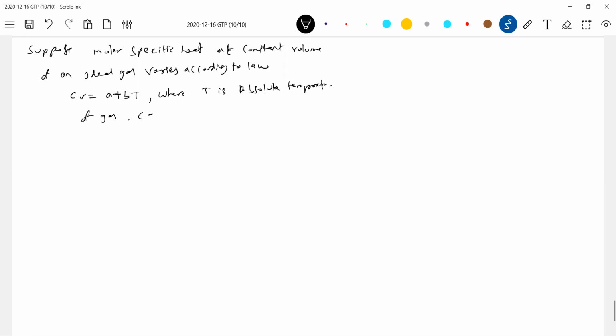Calculate the equation of the adiabatic process.